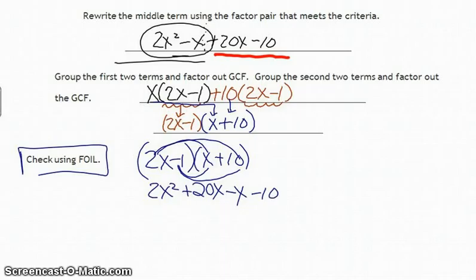Combining my like terms, notice the two factors are right here. So we truly are driving FOIL in reverse. This product, when I combine my like terms, brings us back to our original expression.